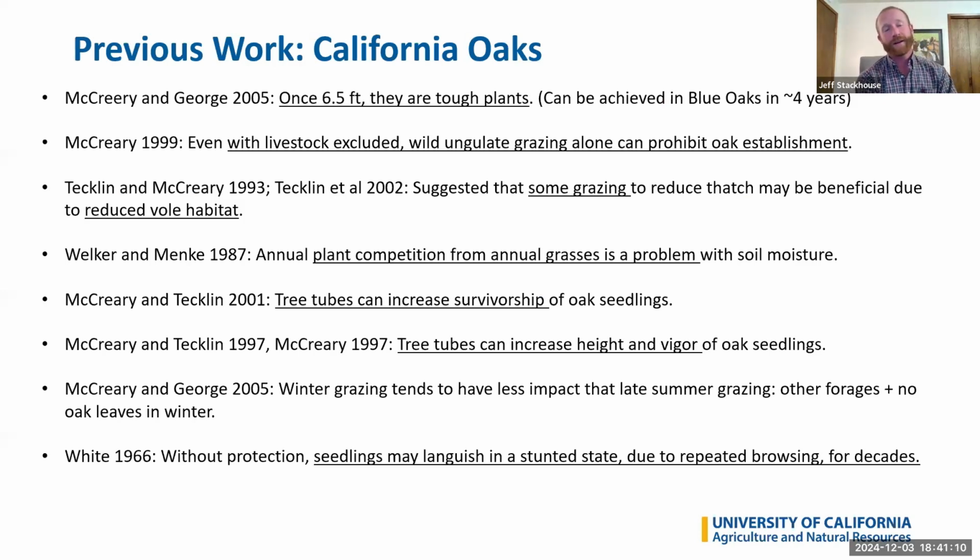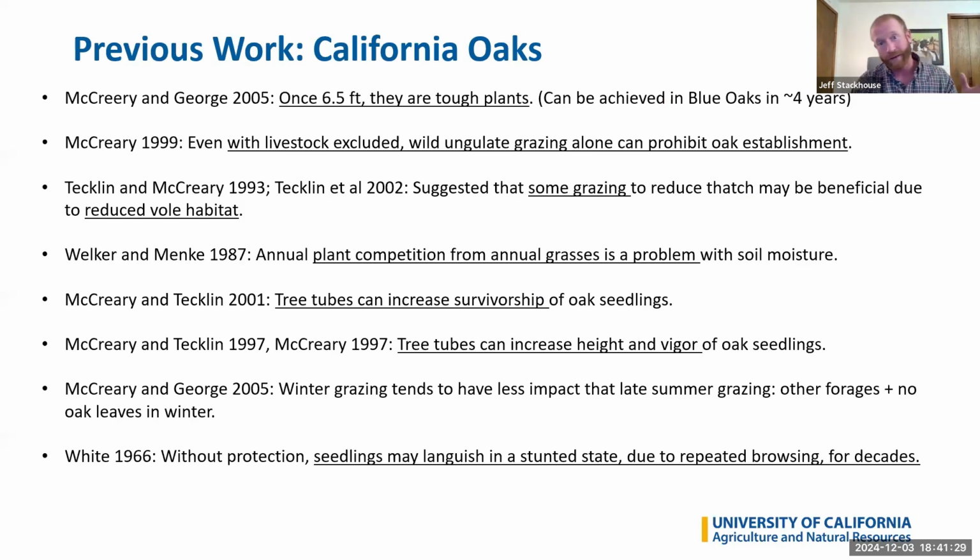And this is honestly an embarrassing list because I didn't get through enough of it. But I think some of the highlights are essentially like once oaks are 6 feet tall, they're pretty tough. Even if you exclude livestock, ungulates can still be a problem.